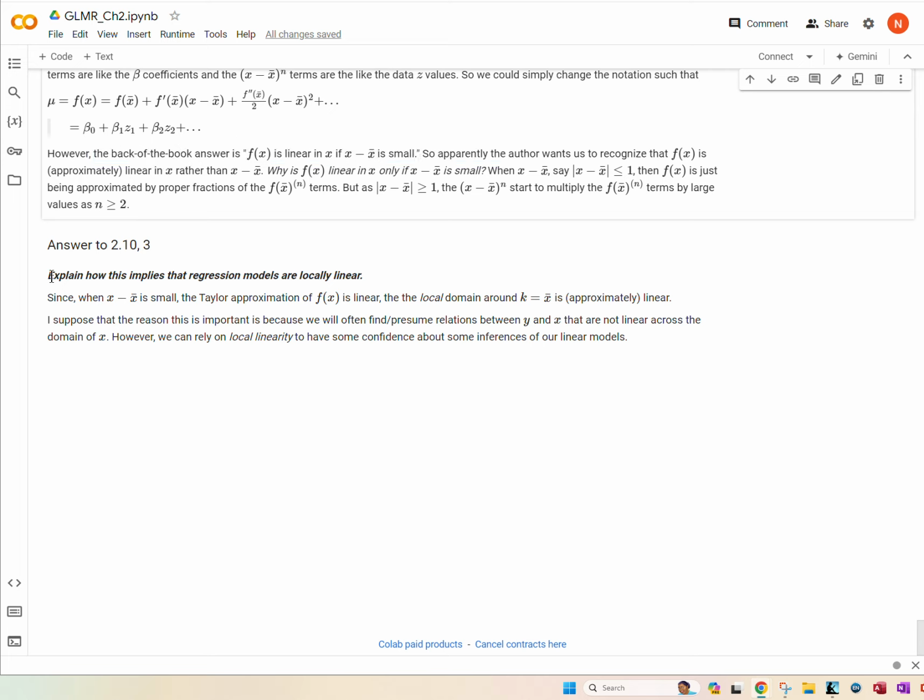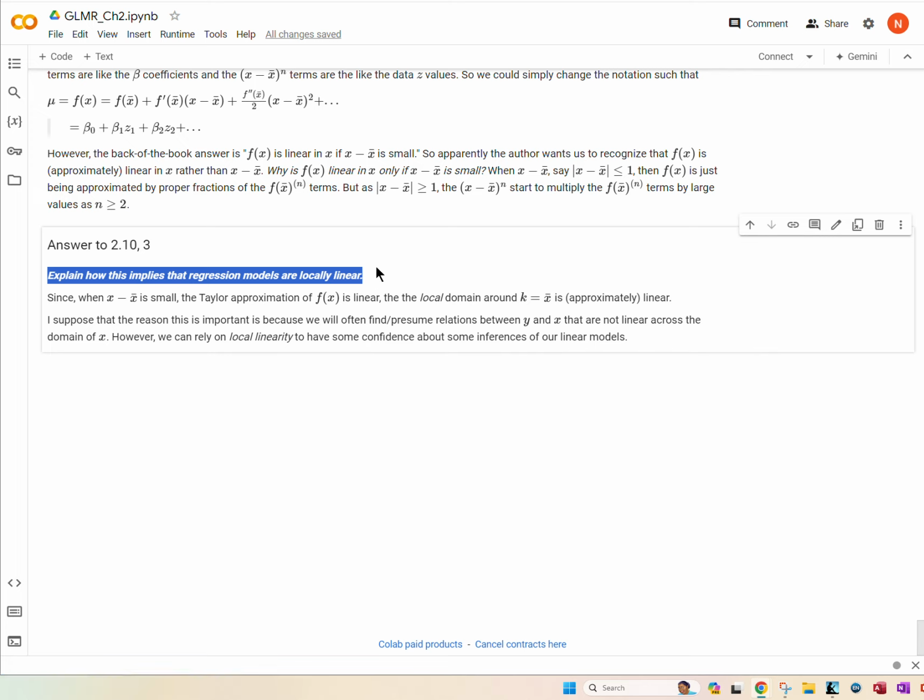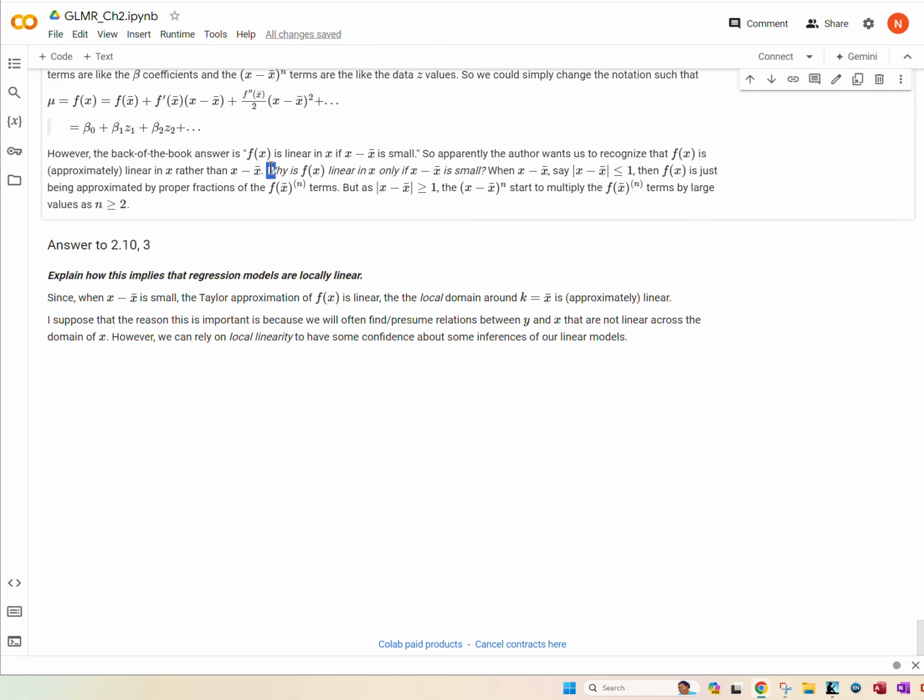is because of part 3. In part 3, we want to explain how this implies that regression models are locally linear. So just to expand that question a little bit, explain how this approximately linear behavior when x minus x bar is small implies that models are locally linear.